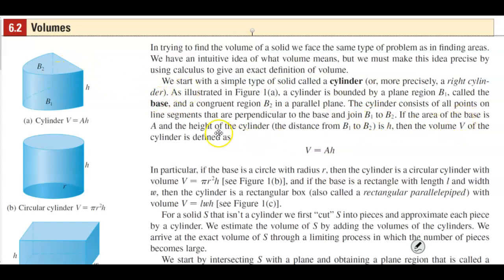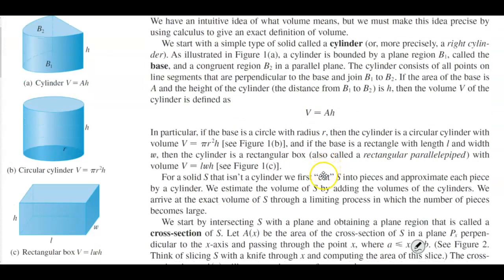If the area of the base is A and the height of the cylinder, which is the distance from B1 to B2, is h, then the volume of the cylinder is defined as V equals A times h. In particular, if the base is a circle with radius r, then the cylinder is a circular cylinder with volume pi r squared h.